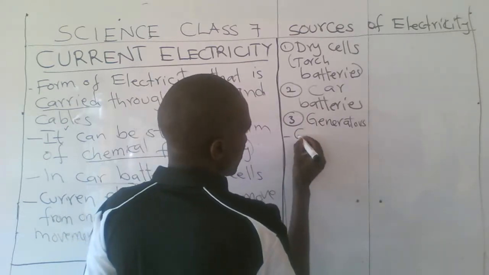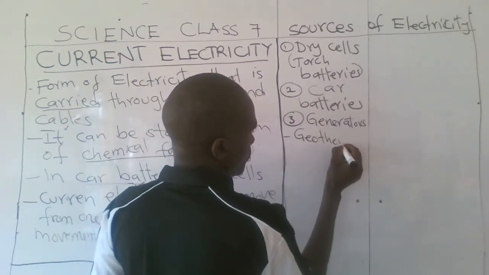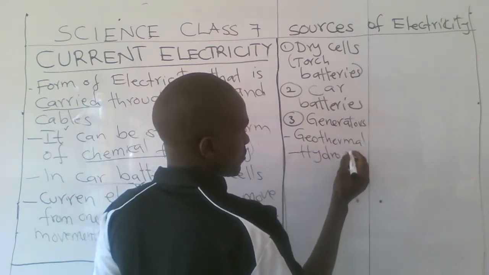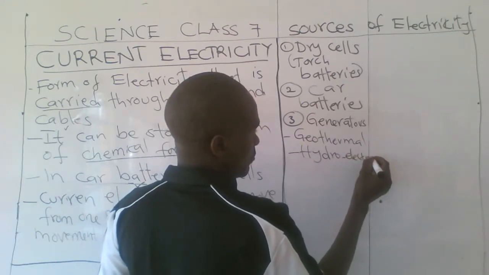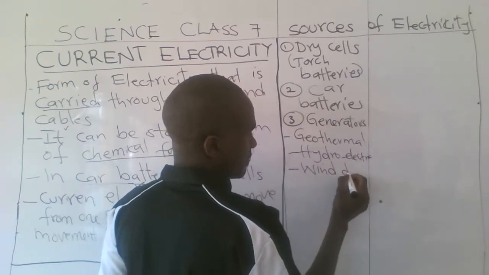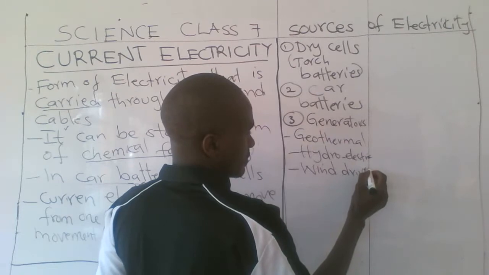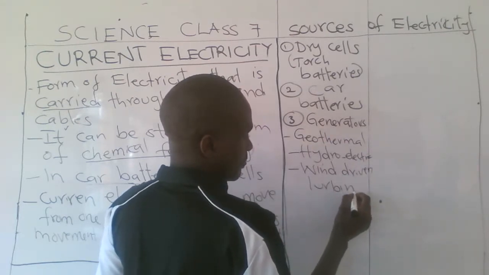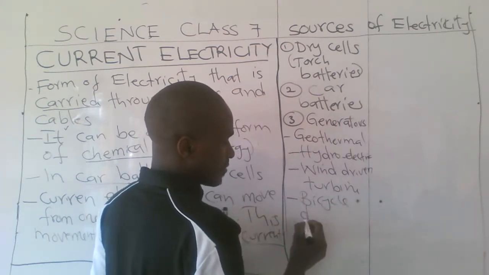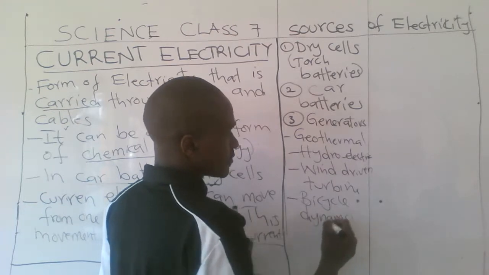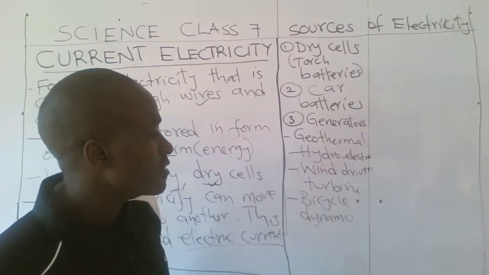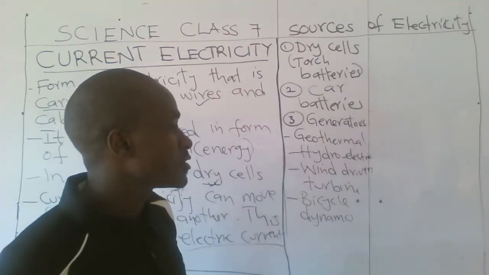We have geothermal, we have hydroelectric, we have wind driven turbine, and lastly we have bicycle dynamo. These ones fall under generators.